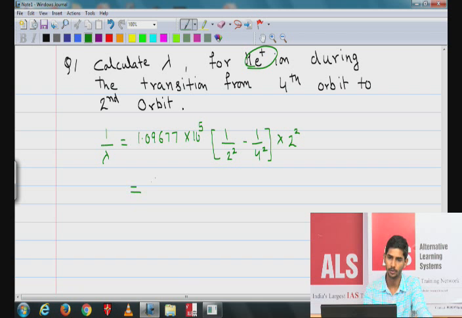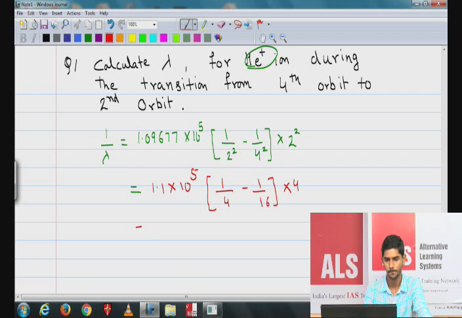So guys, what can we do? We can multiply this 2 square inside, or we can take common from here. You can solve it first, otherwise it will create confusion for you. 4 minus 1 upon 16 into 4.